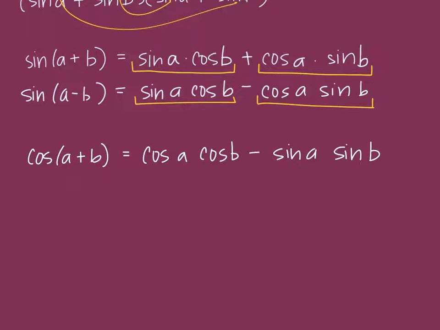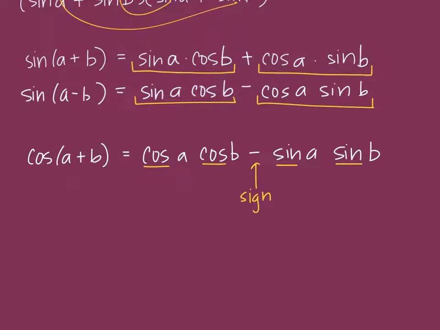And so when we chant this out, the rhythm goes cosine, cosine, sign, and we spell it S-I-G-N, and then sine, sine. So it goes like this: cosine, cosine, sign, sine, sine.